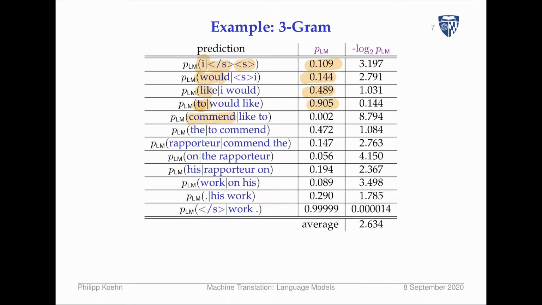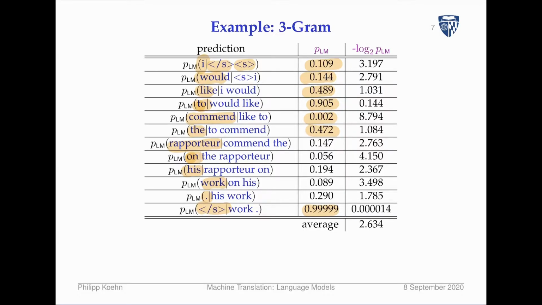Now that's a very odd word, even for the European Parliament, and it has a very low probability. And we can keep going: commend the rapporteur. Rapporteur is a really odd word too, but when you commend something, apparently that's what you do with the rapporteurs, you're commending them. And then on his work, period. And then the end of sentence token following the period is almost a certainty.